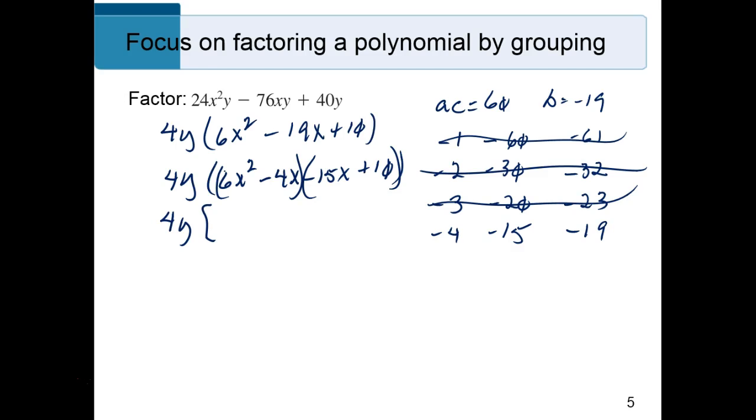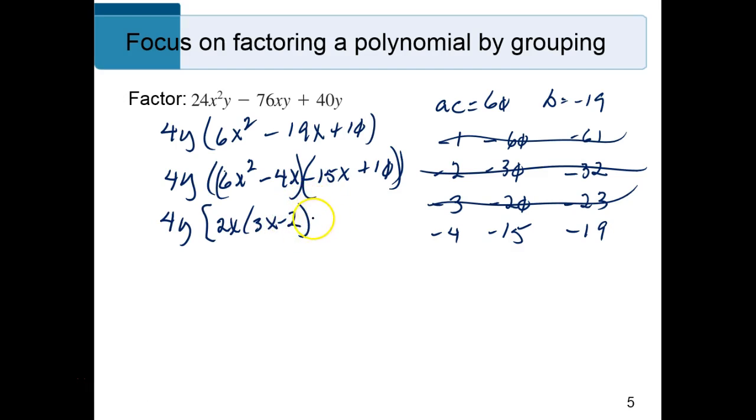Yeah, that's it. Excellent. Now, what do we look for in the first group? Common factors. And what is it? 2x. What's left? 3x minus 2. Excellent.